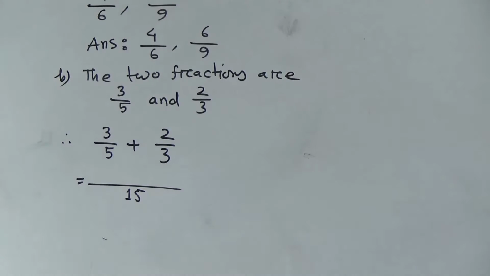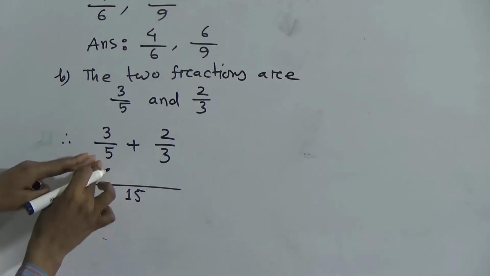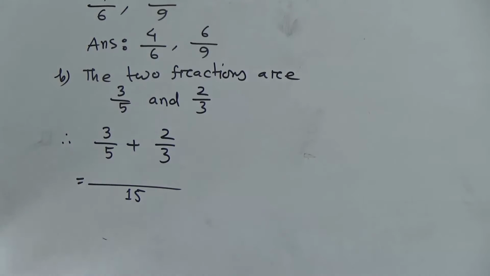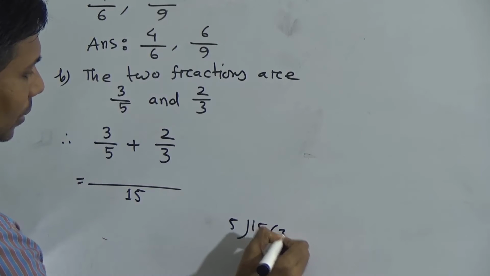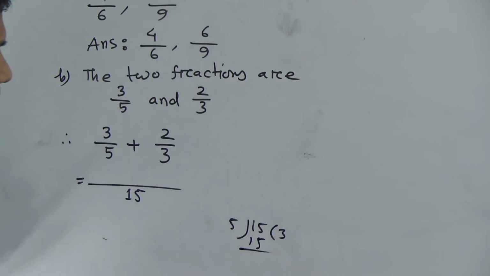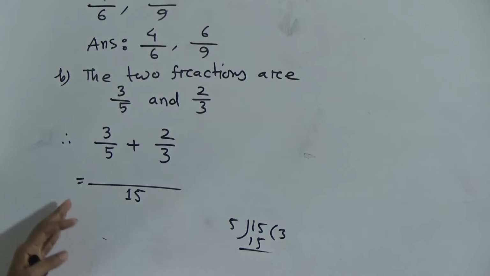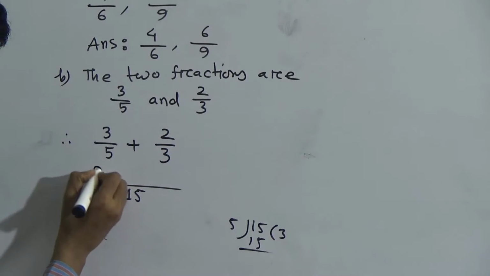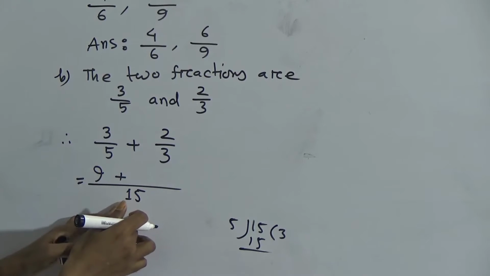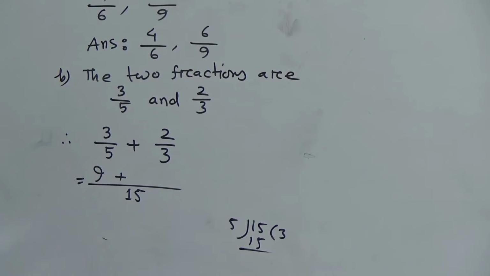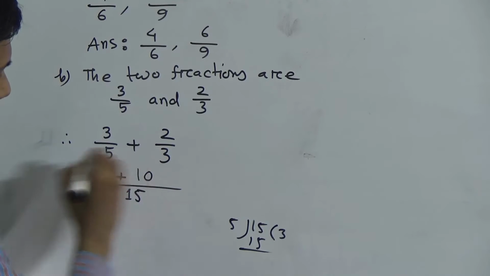Now, you have to divide 15 by 5. Then we get what? 3. 3 5s are 15. Then you multiply this 3 to this 3, that means 3 3s are 9, plus, again you divide 15 by 3. 3 5s are 15, so 5 2s are 10.